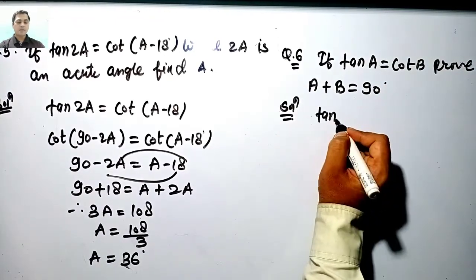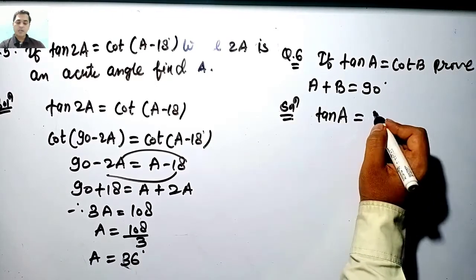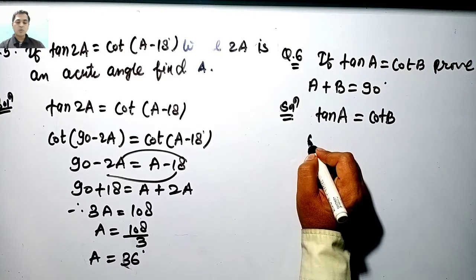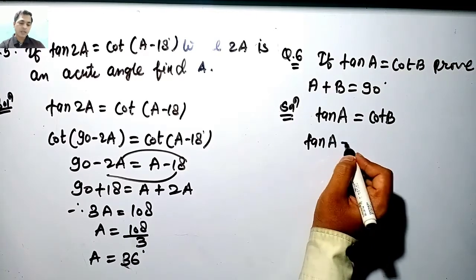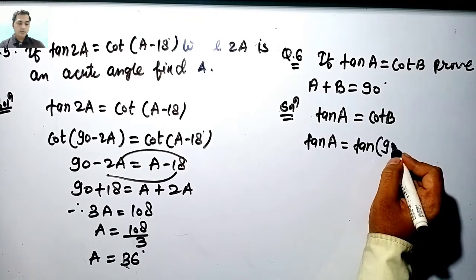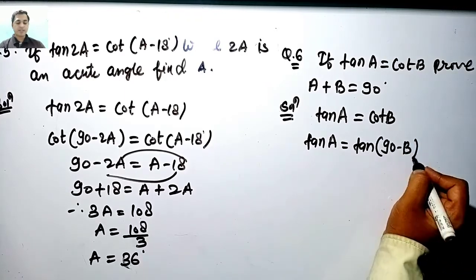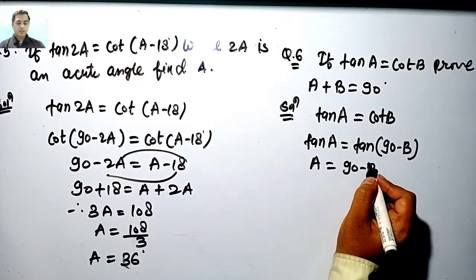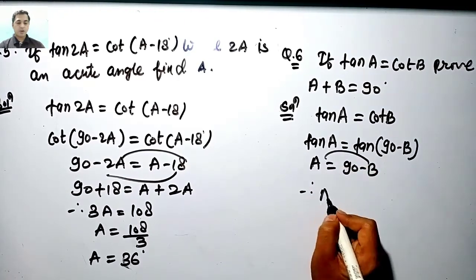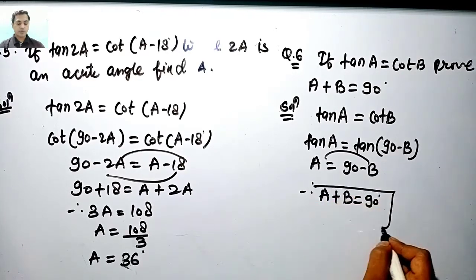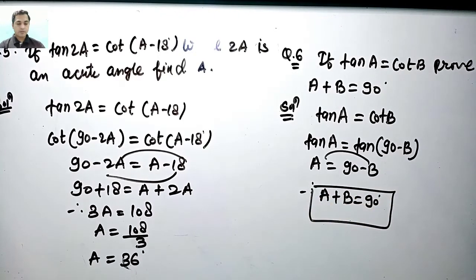So here it has been given that tan A is equal to cot B. So tan A can be written as it is, and cot B can be written as tan(90 minus B). So tan will be removed from both sides, so A is equal to 90 minus B. B will move towards the left side, so A plus B is 90 degrees.